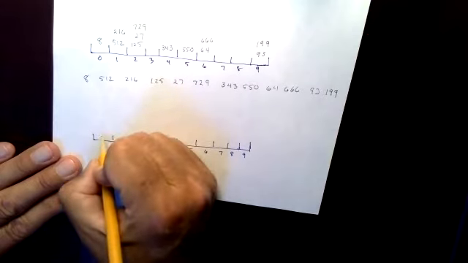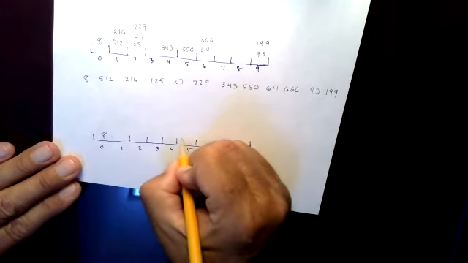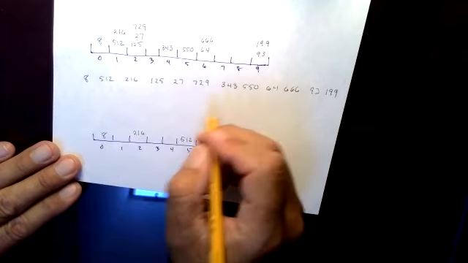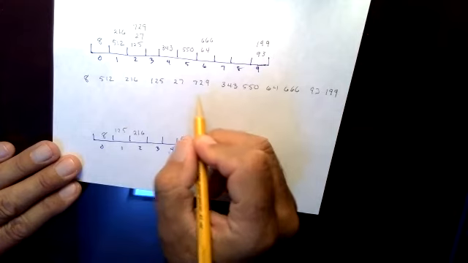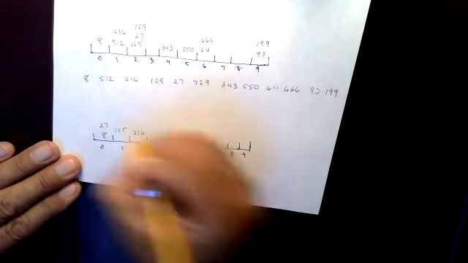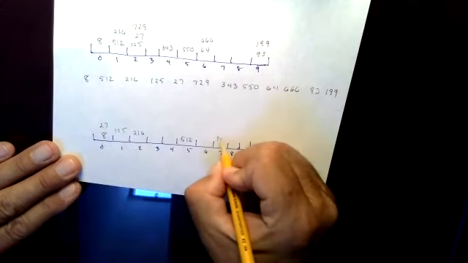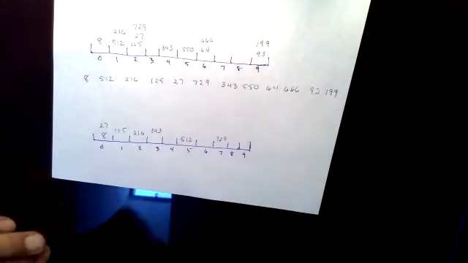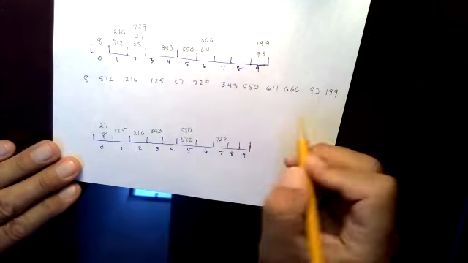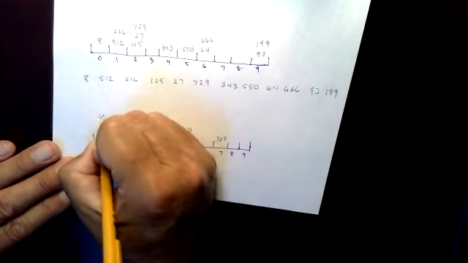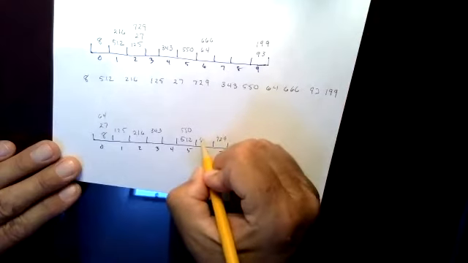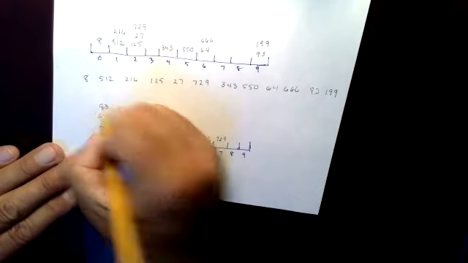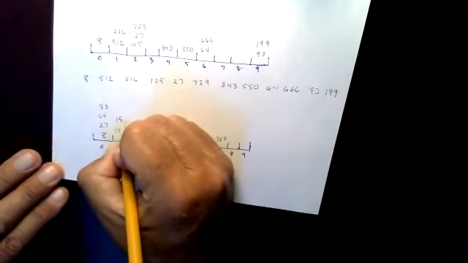Let's see, 008, 512, 216, because I'm using the hundreds this time, 125, 027, 729, 343, 550, 064, 666, 093, and 199.